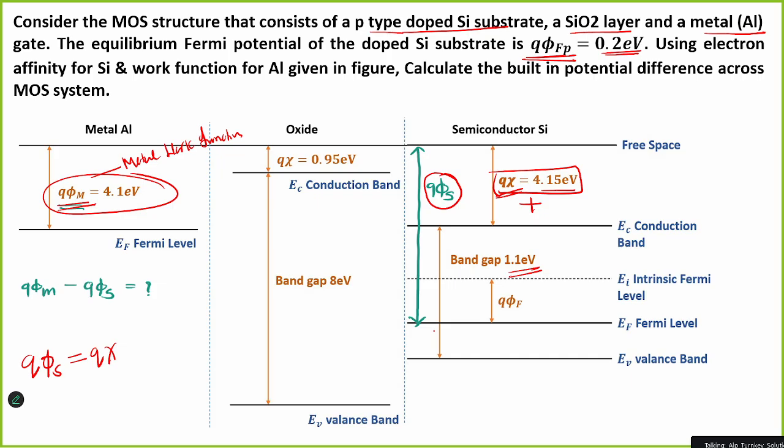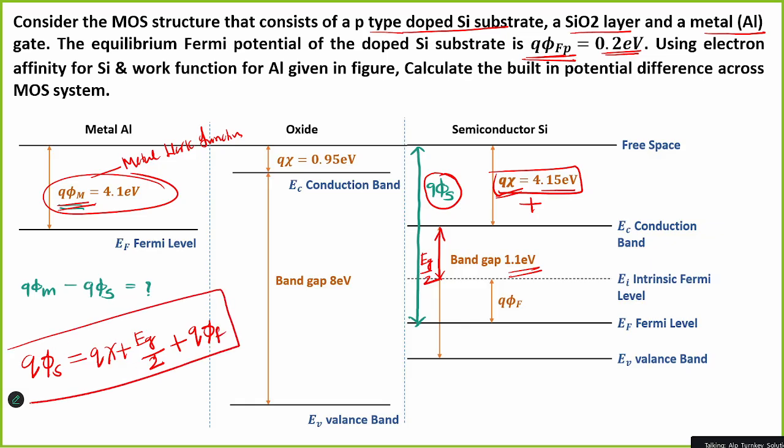I want to calculate half of this, which is nothing but the energy band gap Eg by 2. So plus Eg by 2, plus q times phi f. This is the total work function of my semiconductor.